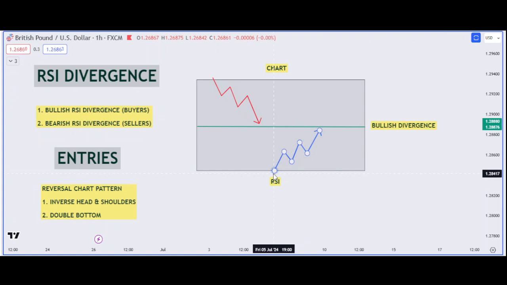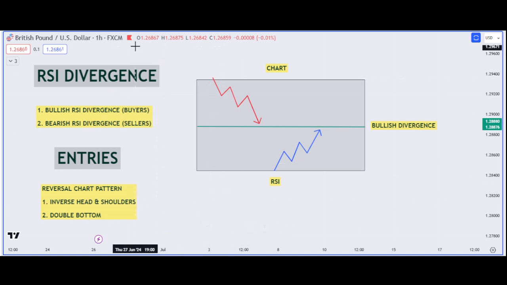That is the 30% level of the RSI indicator. The two entries that you should be looking out for are inverse head and shoulders and double bottom. These two reversal chart patterns work like magic. Those are the two things that you have to look out for.